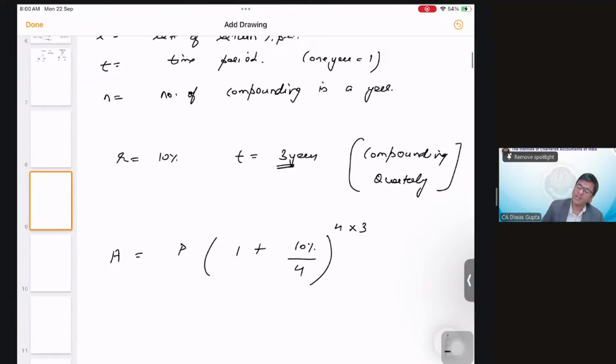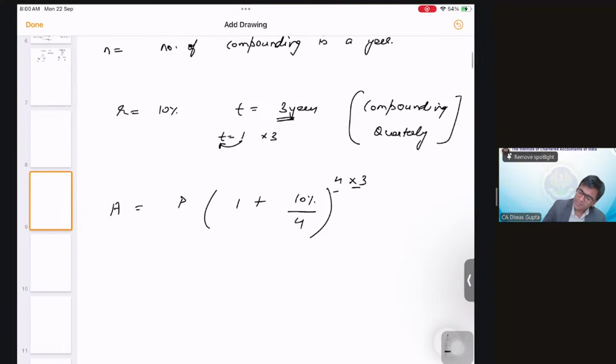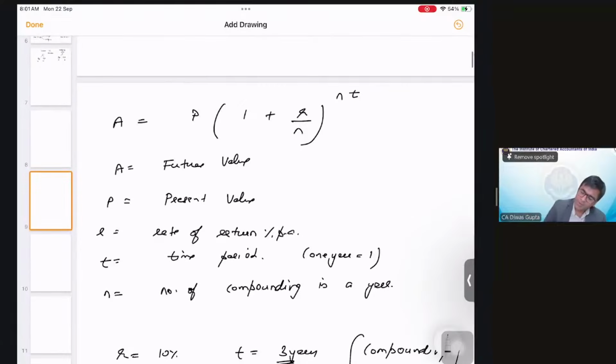The reason why I'm doing 3 is because for every 1 year, T is 1, and for 3 years it will become 3. Okay. So this is something that is called discrete compounding. Discrete means having some intervals in between. That is called discrete compounding.